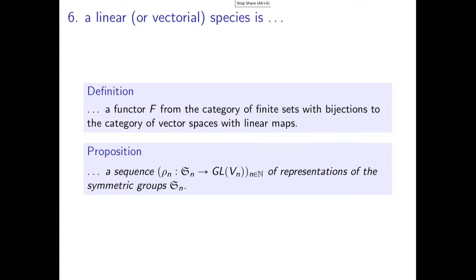If you look at representations, you get functors from the category of finite sets with bijections to the category of vector spaces with linear maps. It would be nice to have this in Sage also, although I admit I don't have that many applications for this. So here the question is also, do we have real interesting applications?